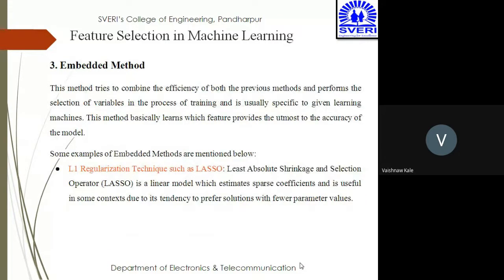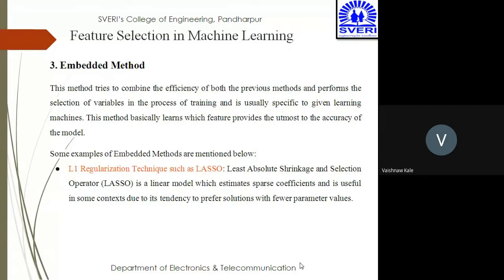The third method is the embedded method. This method tries to combine the efficiency of both the previous methods. So it combines the efficiency of the two methods we have seen previously, and performs the selection of variables in the process of training, and is usually specific to a given learning machine. This method basically learns which feature contributes the most to the accuracy of the model.